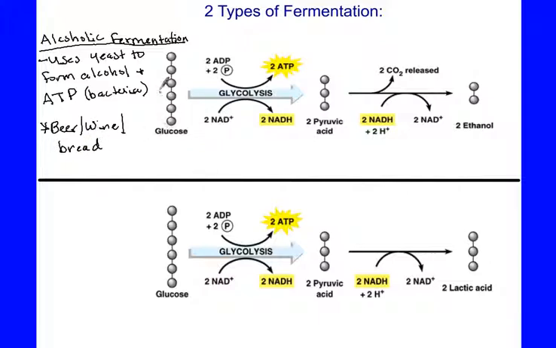So if we take a look here, this is glycolysis, just like we saw in our aerobic respiration video. We're going to split our 6-carbon compound into 2 3-carbon compounds. We're going to use 2 ATPs, and we're going to make some.